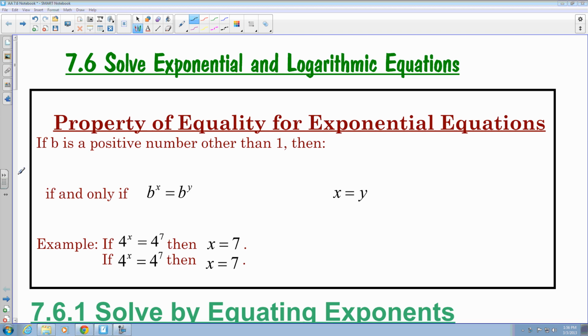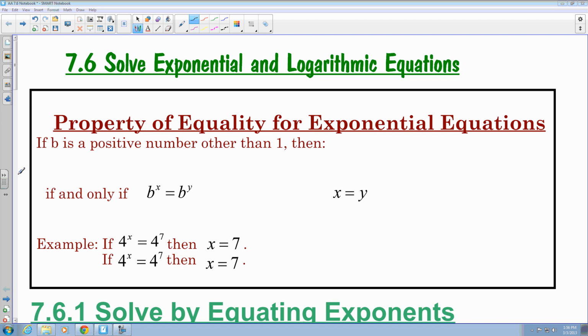So if we can determine that their bases are the same, we don't necessarily need that base anymore. For example, if we have 4 to the x power equals 4 to the 7th power, we can conclude that x equals 7.